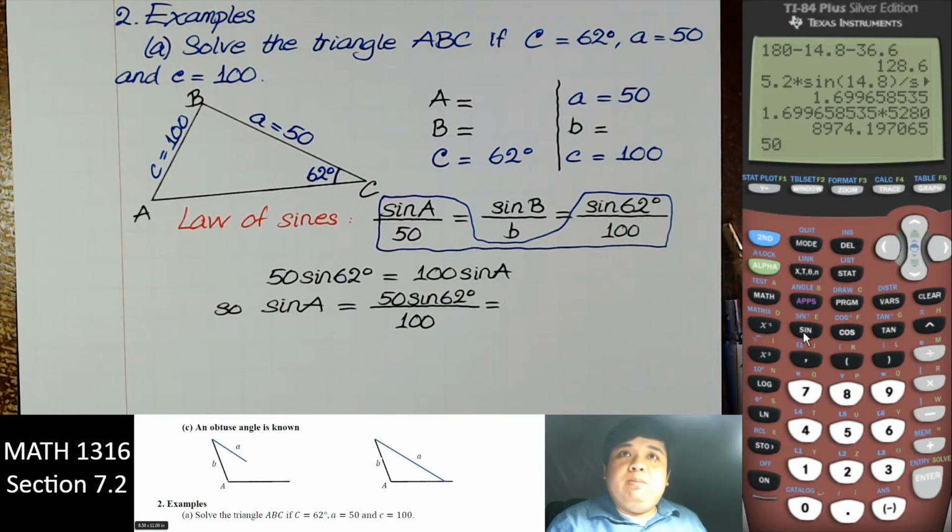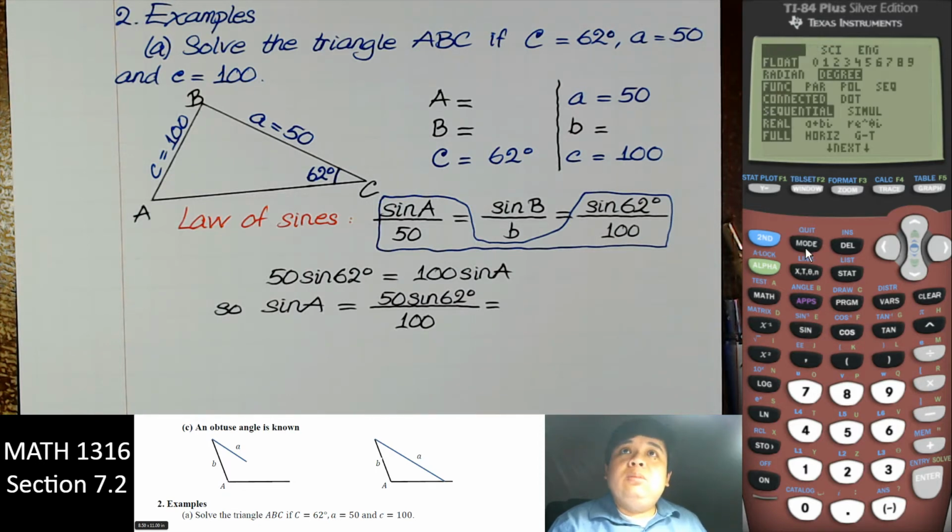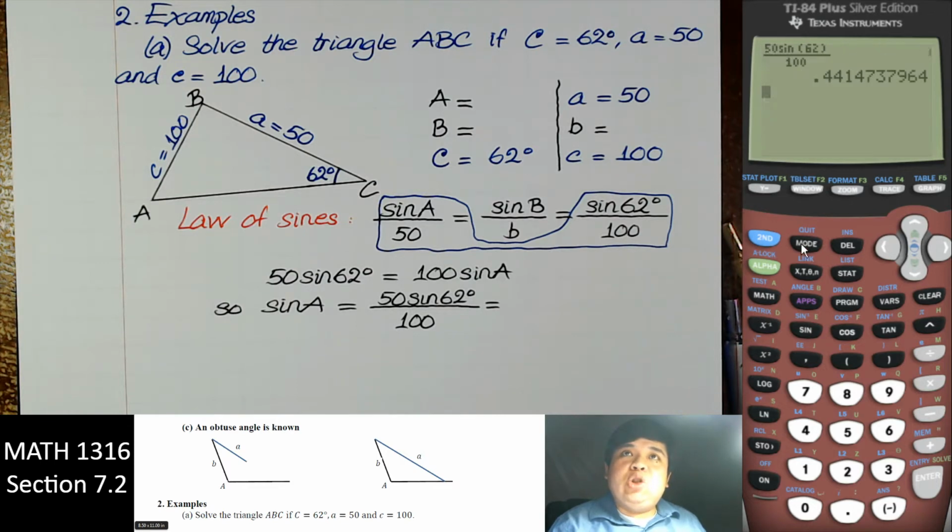As a fraction, 50 sine of 62 divided by 100. It is in degree mode, so it's good.